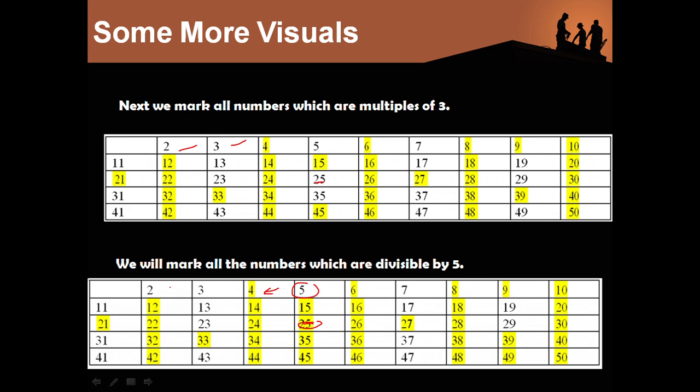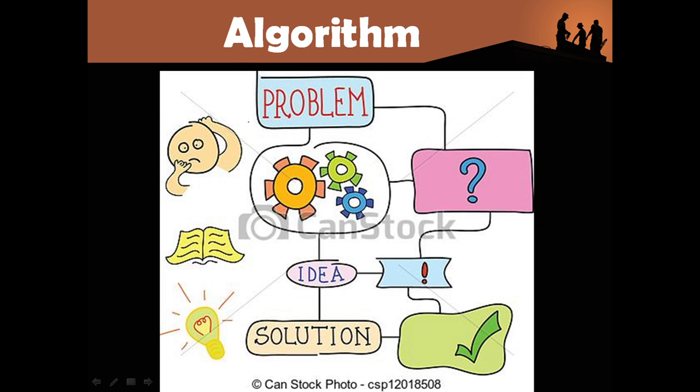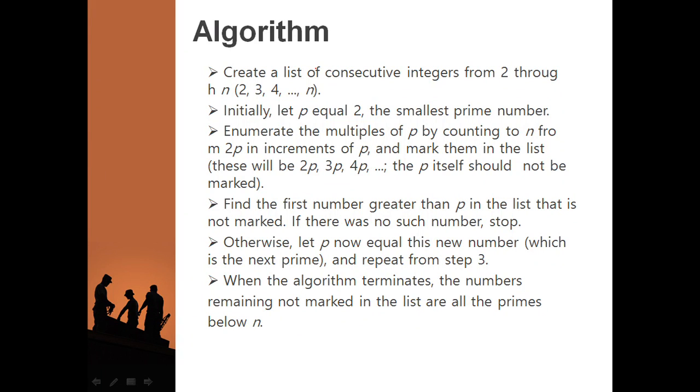So let me concretize the algorithm. This is the algorithm. We create a list of consecutive integers from 2 through n. Let the first number be equal to 2, since 2 will always be unmarked first, the smallest prime number. We enumerate the multiples of p, that is, the first number is 2, p.